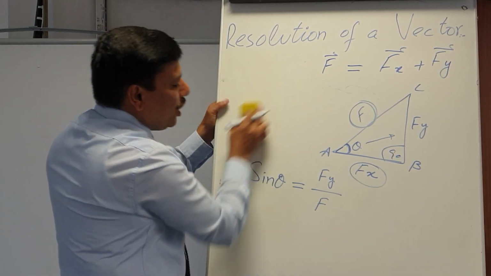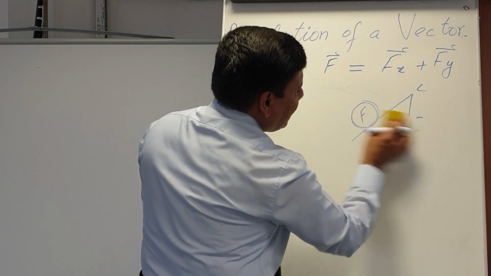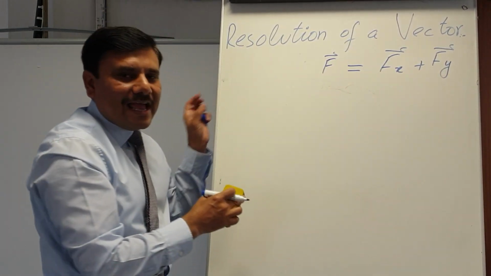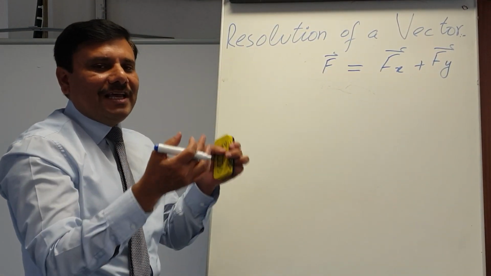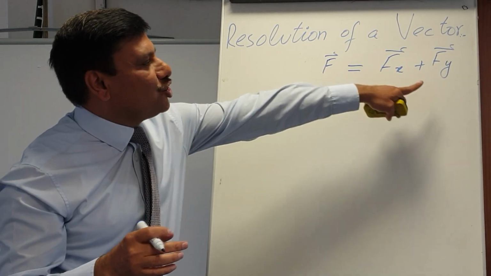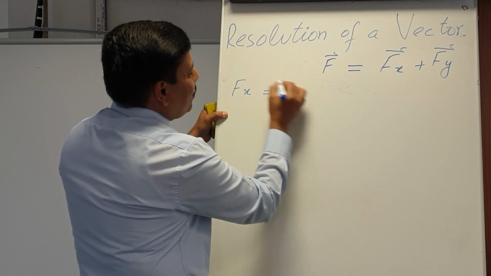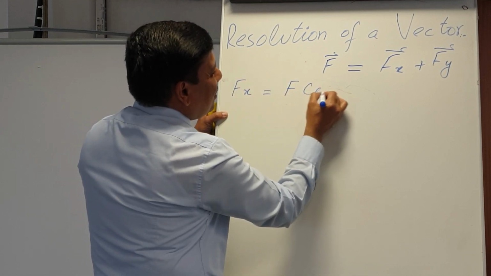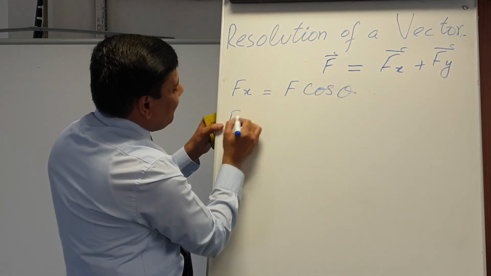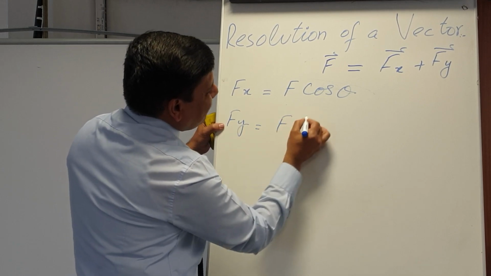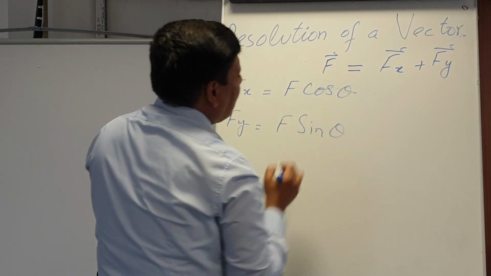So in this way, you have obtained the values of fx and fy, which were the magnitudes of these two vectors. So fx is equal to f cos theta, and fy will be equal to f sine theta.